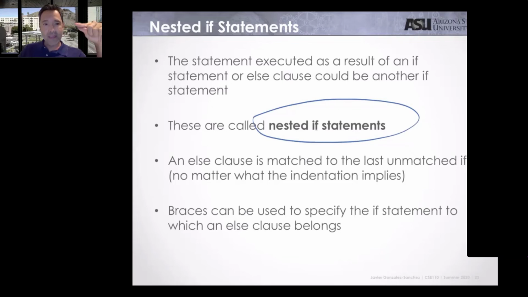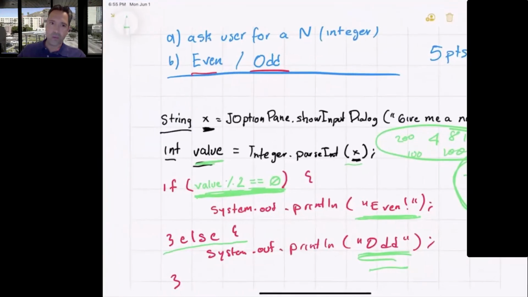And an if statement inside of an if statement is called a nested if statement. So, you know, one inside of the other. Answering the question in the chat, yes, in order to run this one, you need to put all of this inside of a method.